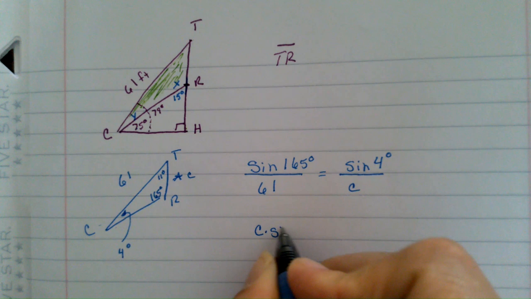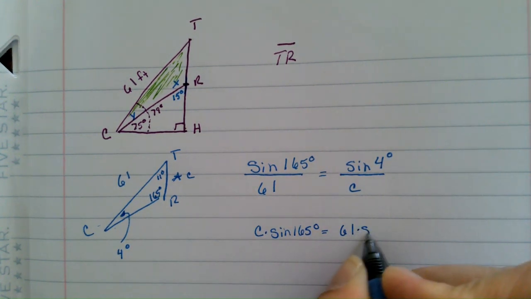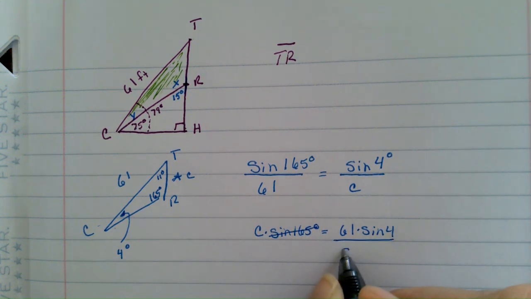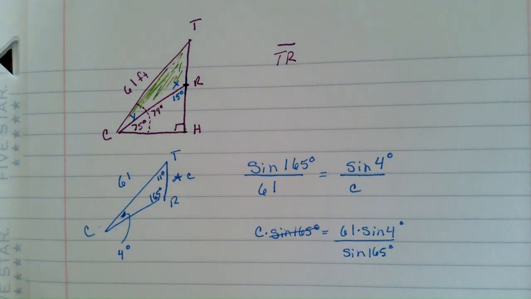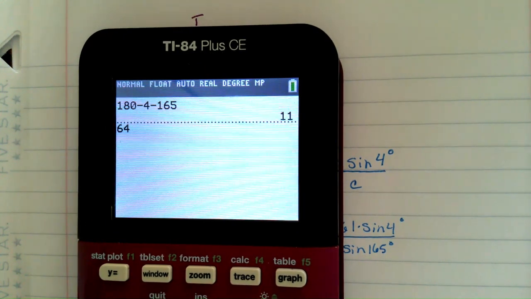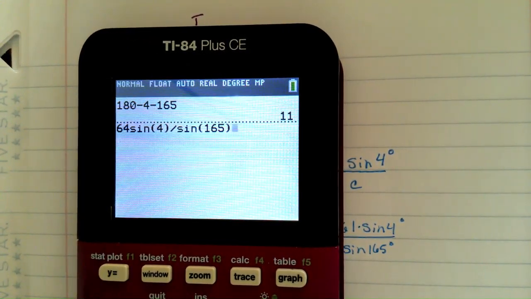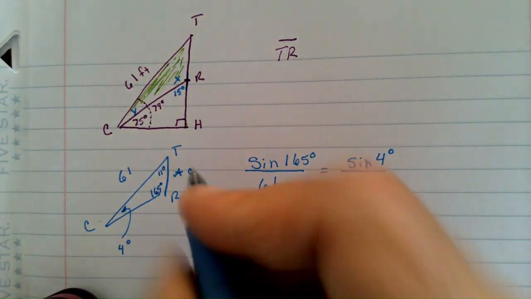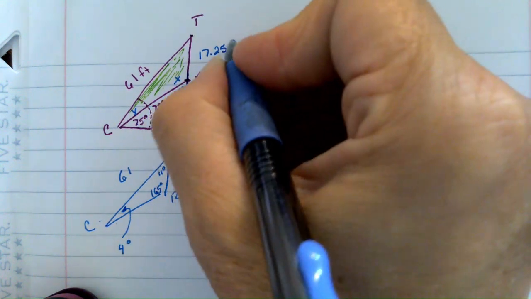C times the sine of 165 equals 61 multiplied by the sine of 4. And then we're just going to divide by the sine of 165 degrees. And we get 17.25. And that looks like feet.